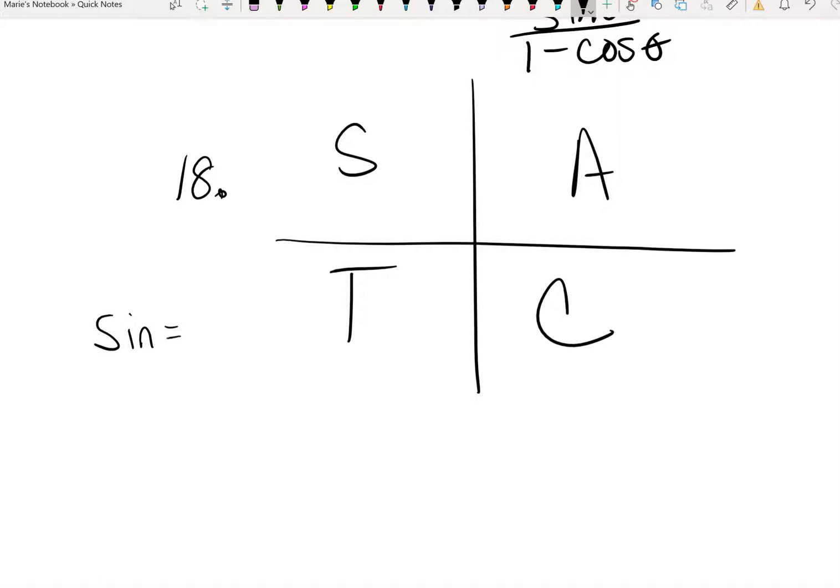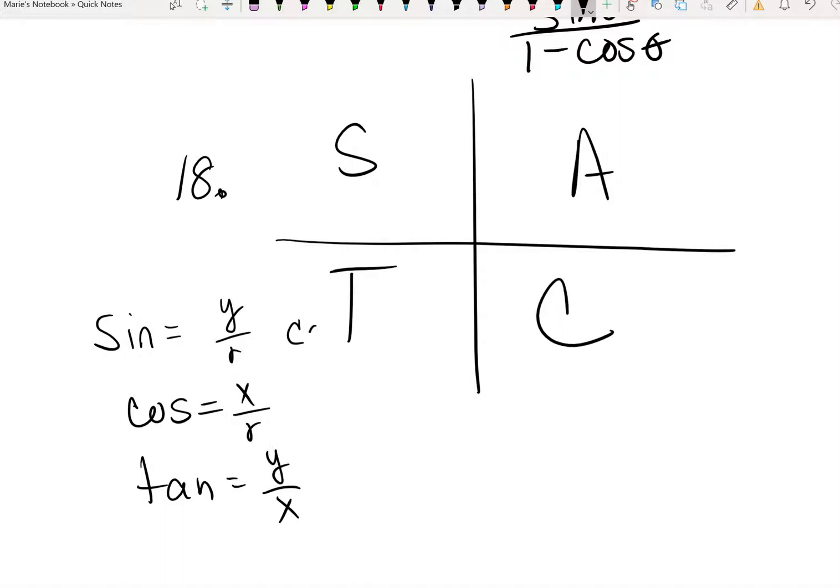Remember that sine is y over r, and that cosine is x over r, and that tan is y over x. And then of course remember the reciprocals, so cosecant for sine would be r over y, and simply the reciprocals. So secant r over x.